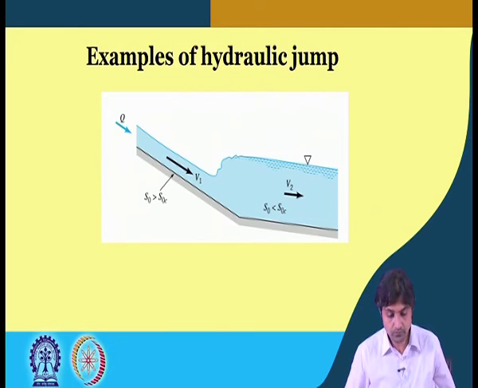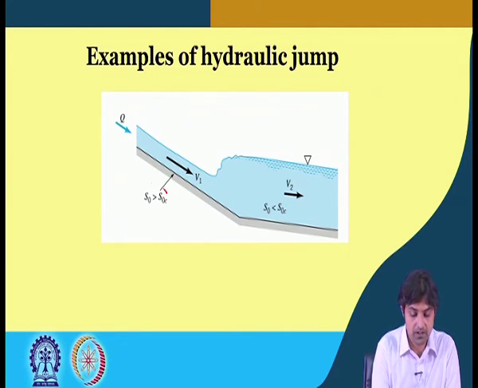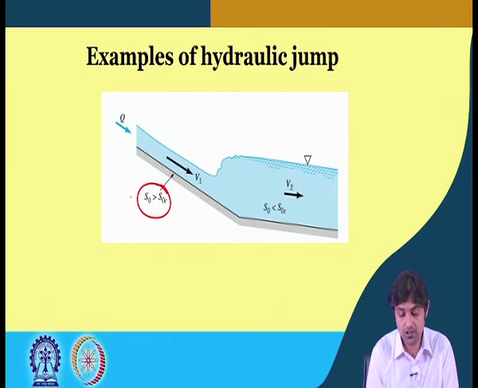So, this is an example of a hydraulic jump. There is a constriction, and when it falls down, S naught is greater than S naught C, and the water depth increases.